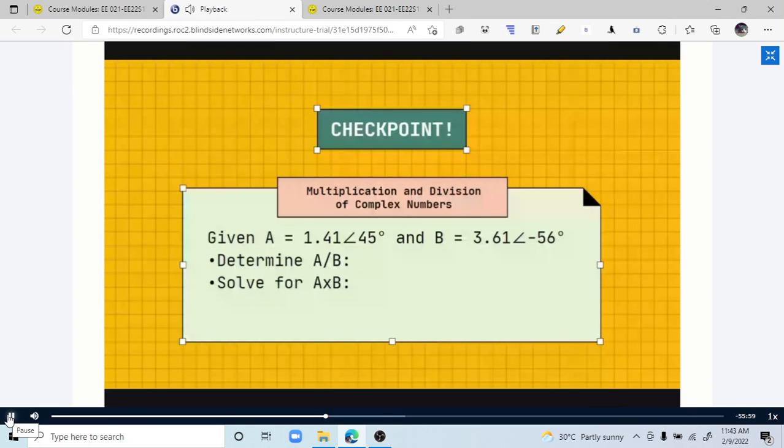What would be the answer? Okay, so that would be 5.09 angle negative 11 degrees. Very good. Okay, 5.09 angle negative 11 degrees. Can you now get it?